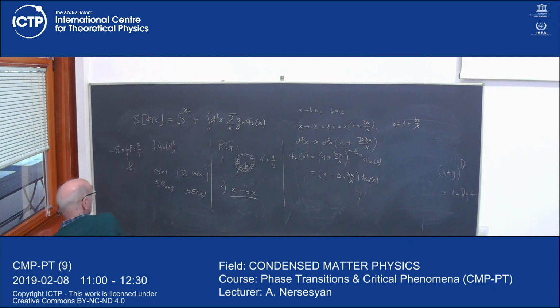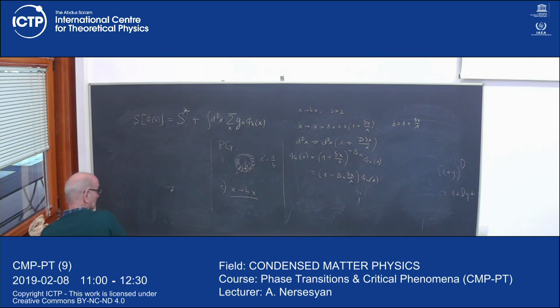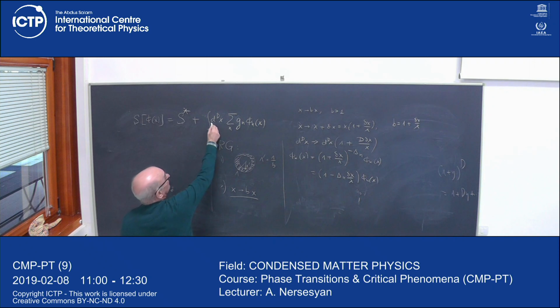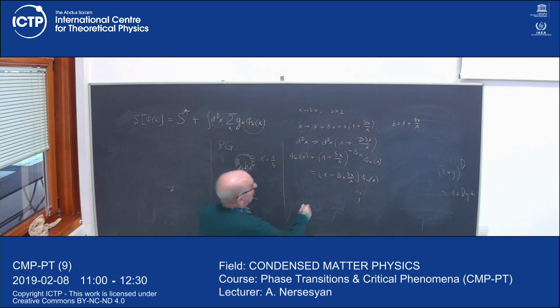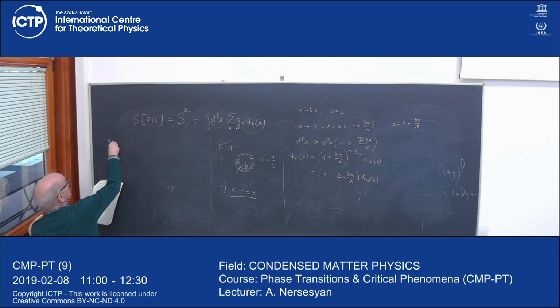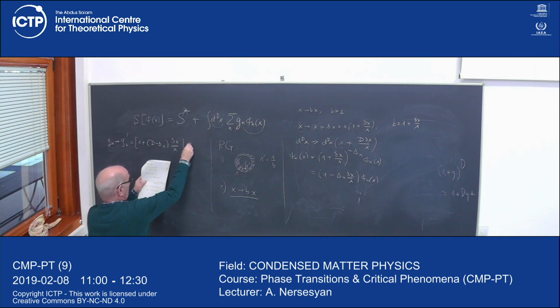So therefore, if I do everything now correctly, if I collect all the terms, what I need to collect is the product of this integration measure, d^d x, and the field. That will give me a product of this times that. In the linear term with delta x over x, I will come up with the following expression. g_n will be replaced by g_n prime, which is 1 plus d minus delta_n, delta x divided by x, times g_n.